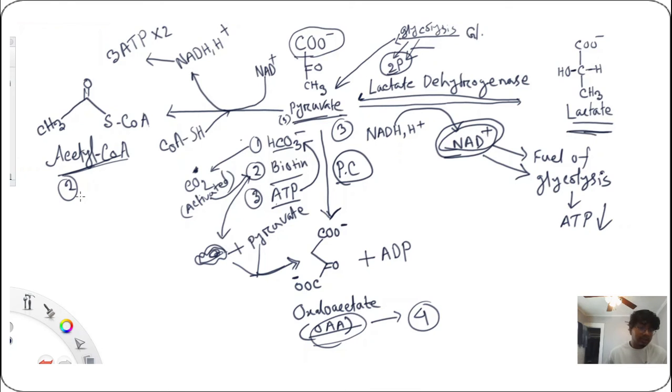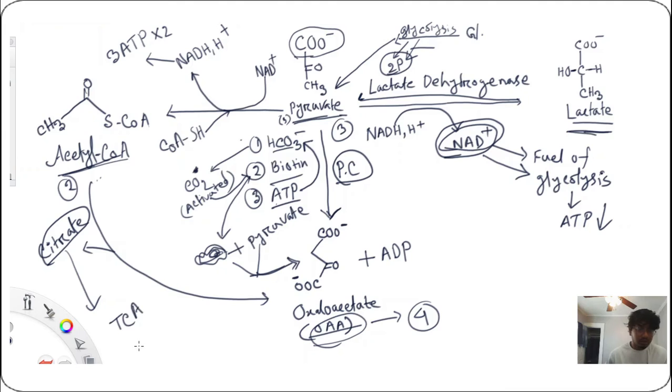In that case, this acetyl-CoA and the oxaloacetate will react and produce citric acid, citrate. Then it will continue the TCA cycle.